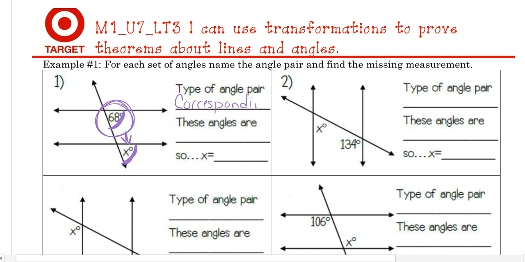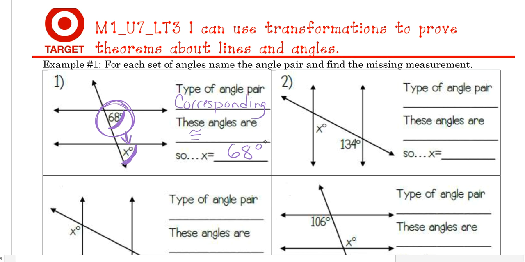So it is a corresponding angle relationship. We know that corresponding angles are congruent. So if they're congruent, that means that x is going to be equal to 68 degrees.